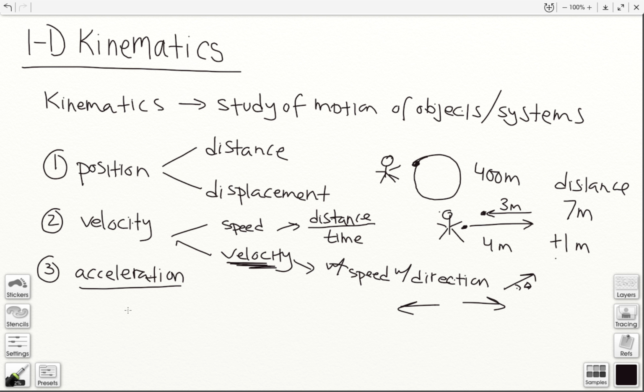Now acceleration. As velocity is the rate at which an object covers distance, acceleration is the rate at which an object changes velocity.